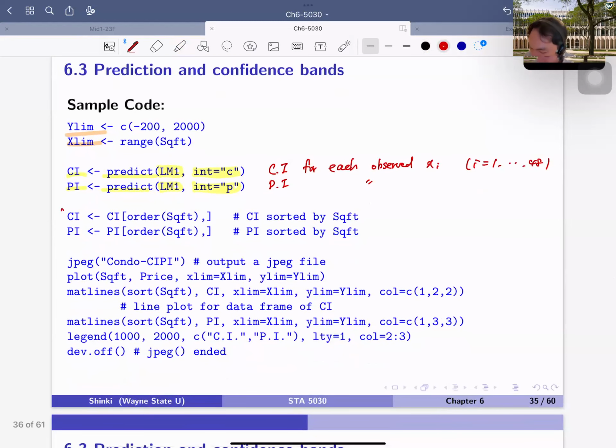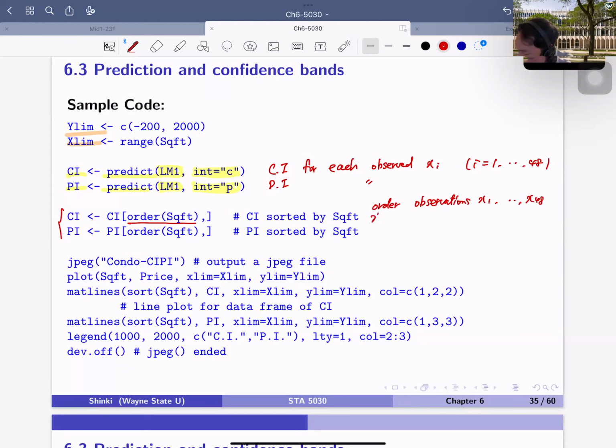And I think this is the trick we have to use to make the confidence and prediction bands: we order the observations. We order the observations in increasing order, x(1) to x(48).